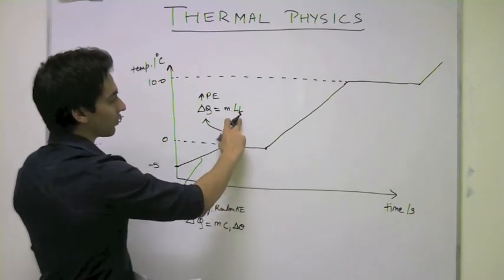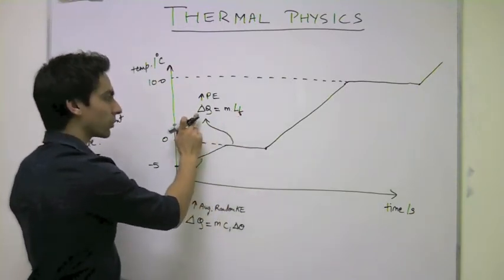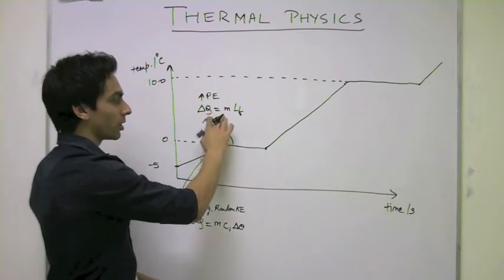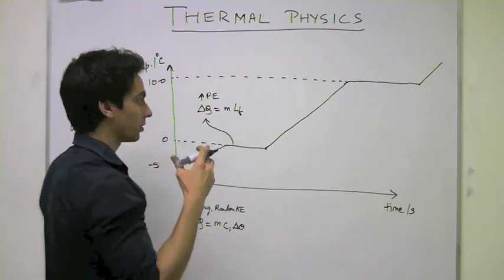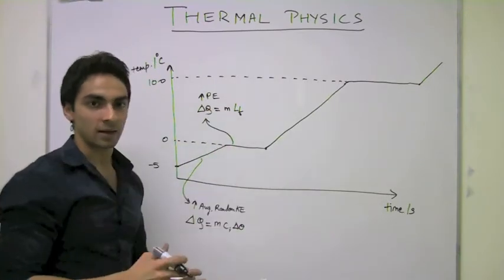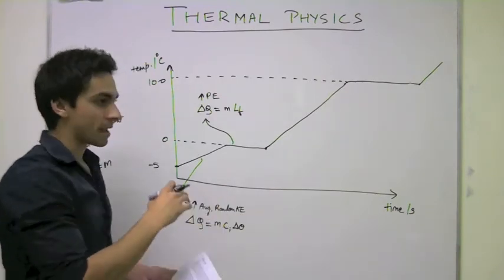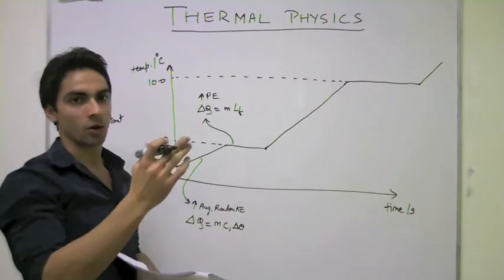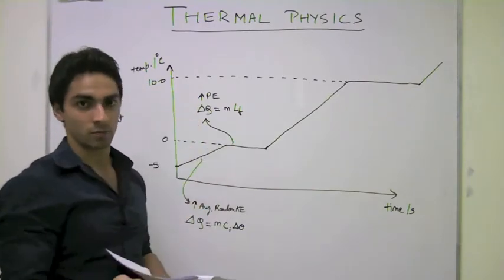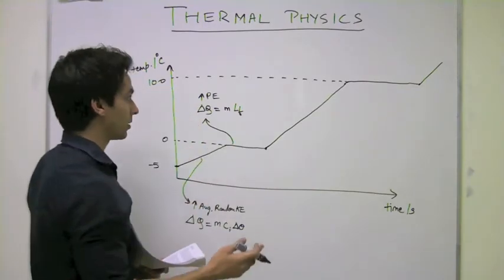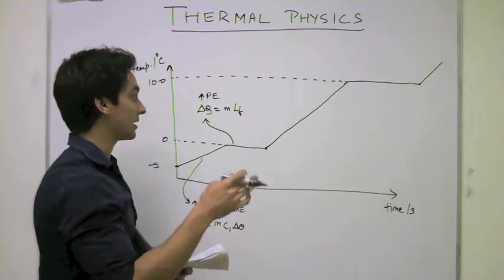Latent heat of fusion is basically the amount of heat required per unit mass of ice to melt it at 0 degrees Celsius. So the amount of heat required to melt a substance or change the state of a substance at a constant temperature is called the specific latent heat.